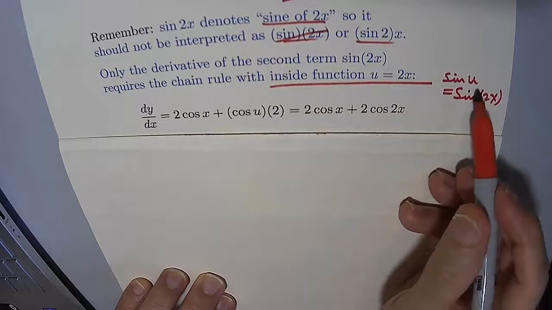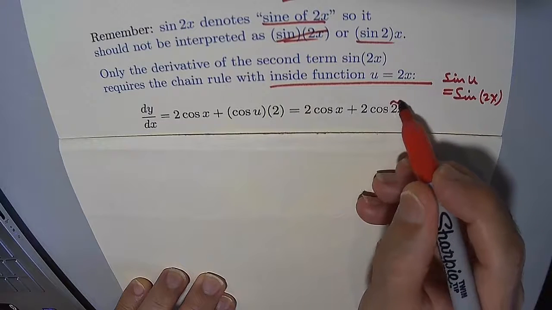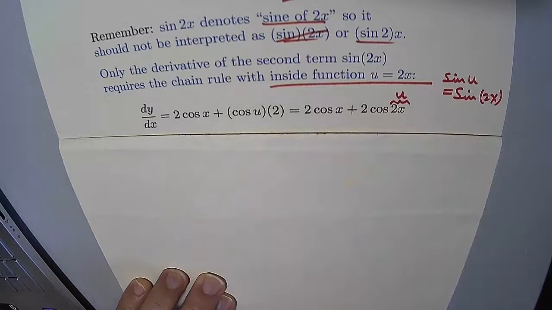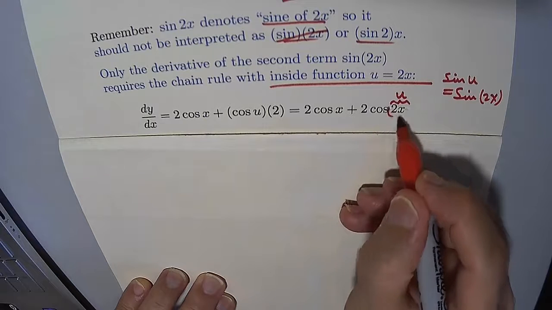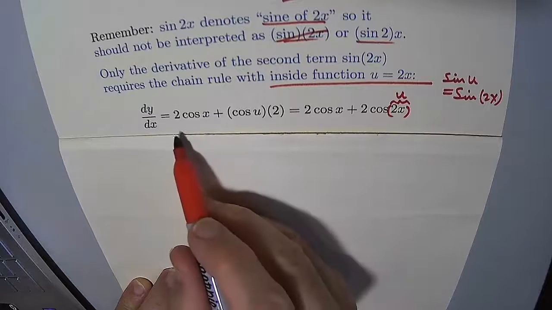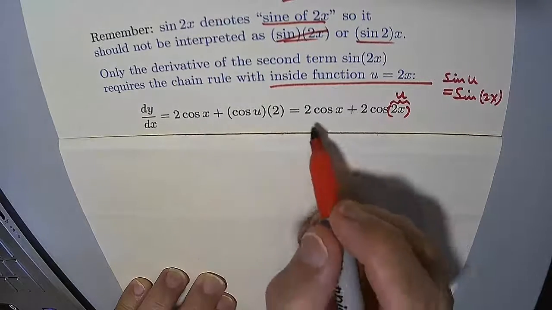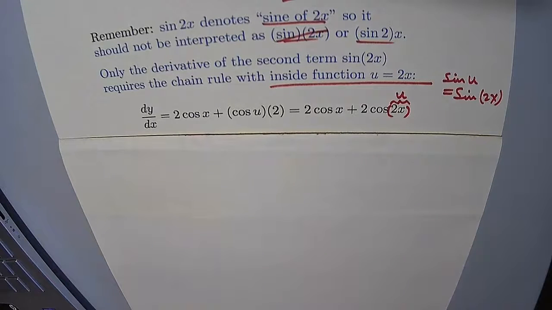So the derivative of sine u is cosine u, and remember that u is 2x. And the first term is straightforward. Derivative of sine is cosine, so we just get 2 cosine x, and we've got the answer to this problem.